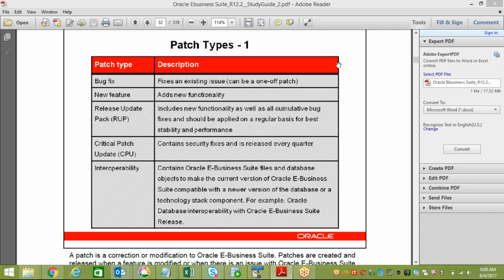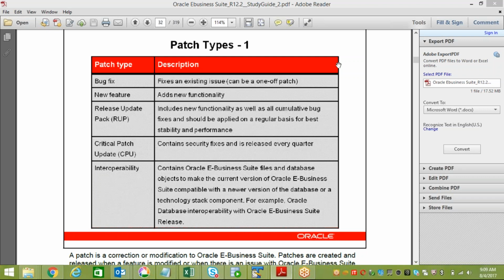Just for your understanding, you will be applying with the same utility, AD patch utility earlier and AOP utility now. The bug fix you would be applying with the same utility. New feature you would be applying with the same utility, and in the same way. Even CPUs, maybe some variation will be there. Sometimes they will be giving some operating system patches and technology stack related patches. But when it comes to the application patch, it is completely the AOP utility. So the way you apply the patch is also the same.